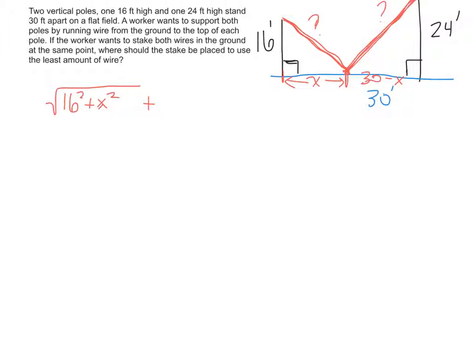This one is going to be the square root of 24 squared plus 30 minus x squared.